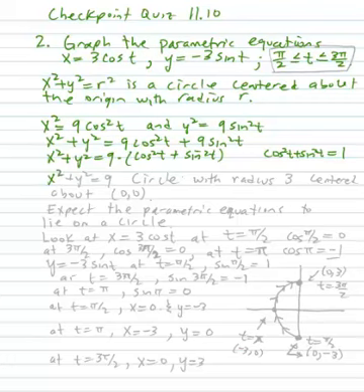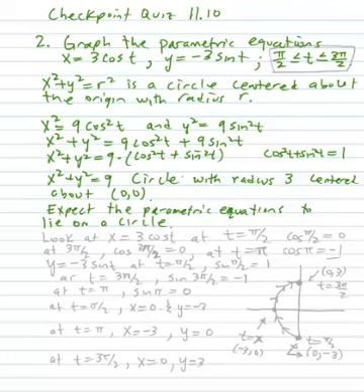That tells us x squared plus y squared is equal to 9. This is a circle with radius 3 centered about the origin 0, 0. Hence, we would expect the parametric equations to lie on a circle of radius 3 centered about the origin.